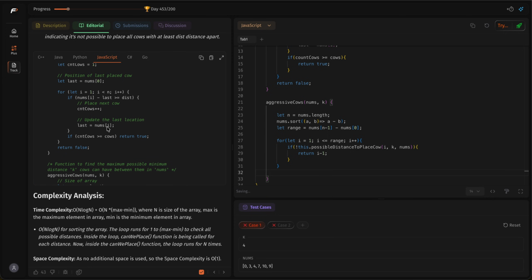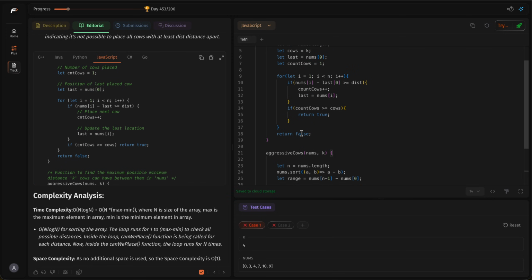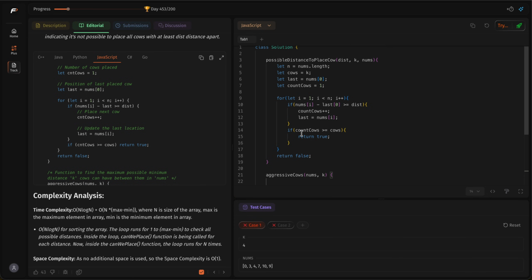Let's go and see that. Return false. Count cow plus plus, last updated in the if.